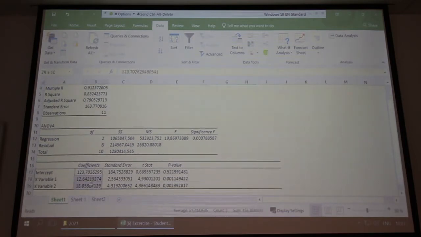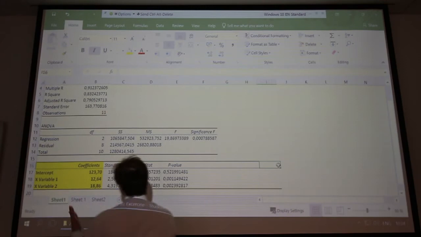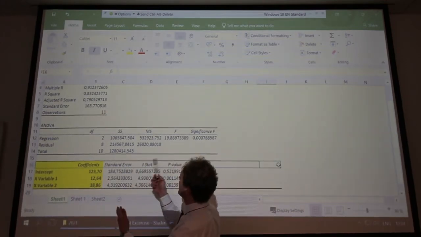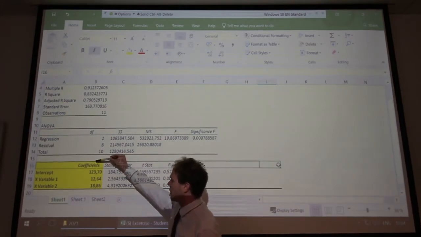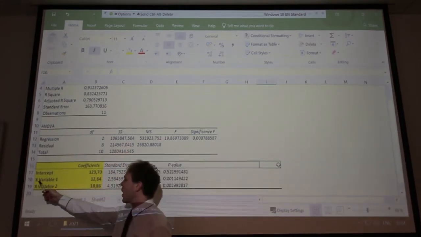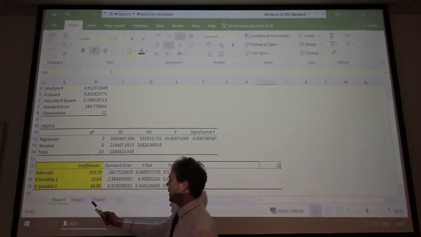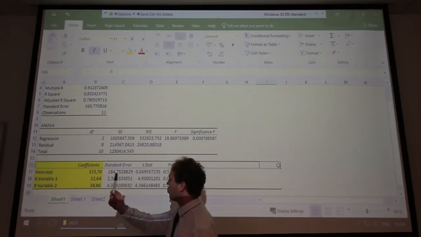And I will use only 2 decimals, for example. Okay, so here we have coefficients. So everything is ready. This is our regression plane. We have here coefficients, intercept B0, x variable 1, coefficient B1, and x variable 2, coefficient B2.